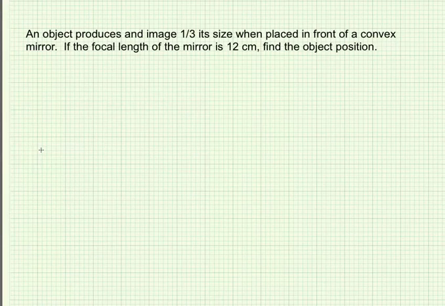Okay, let's take a look at our final example. And with our final example, now all of a sudden my image is smaller. It's diminished. So it's 1/3, so my magnification is 1/3. It's a smaller image when placed in front of a convex mirror. A convex mirror is called a negative mirror, which means that the focal length is going to be negative 12 centimeters.